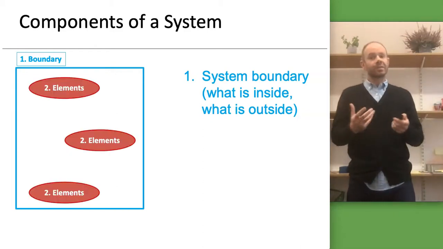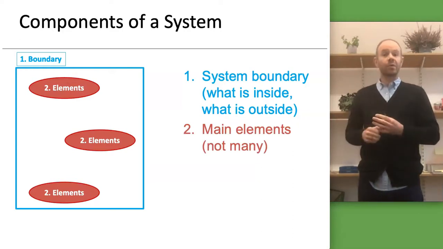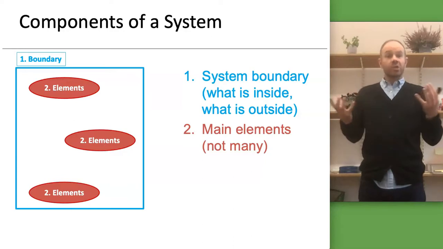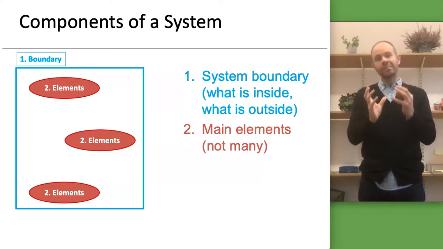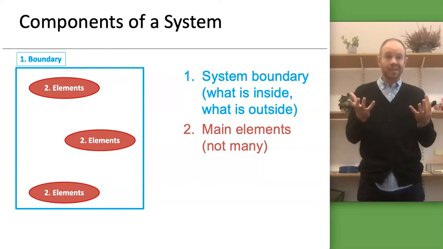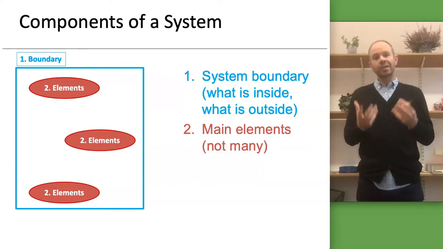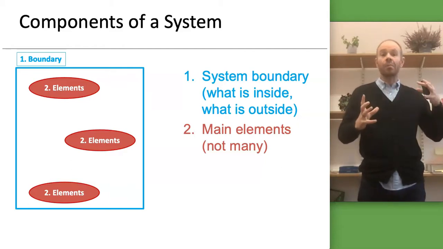Then we've got elements of a system. There might not be too many. Remember when I said before, we could have 100, but it might be easier if we can look at maybe 6 of the really big ones to really understand what's going on. That doesn't mean that all those other elements aren't important, but when we look at a system, it's best to think about it as simply as possible to figure out what's going on and then build up from there.